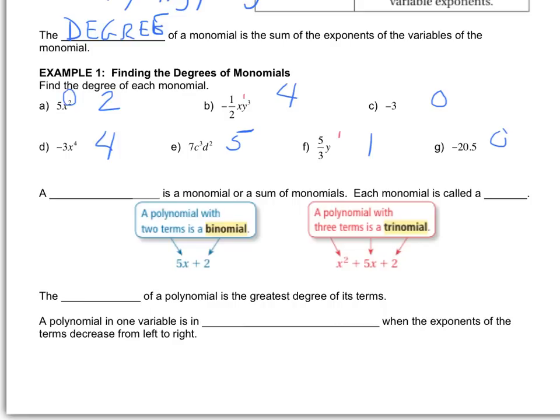A polynomial, which is the general term of these, is a monomial, so it could be 1, or the sum of monomials. Each monomial is called a term. So when you look at the two examples here, a polynomial with 2 terms is called a binomial. The prefix bi tells me that there are 2 terms.